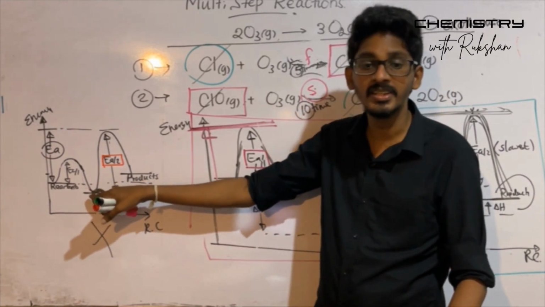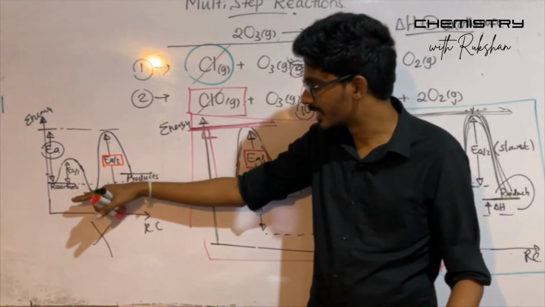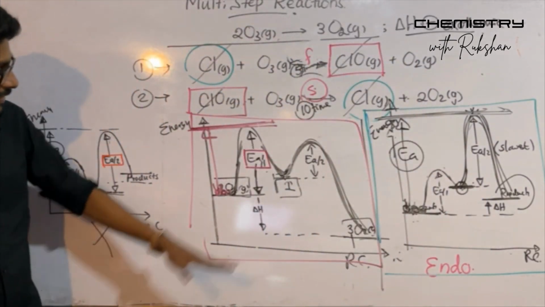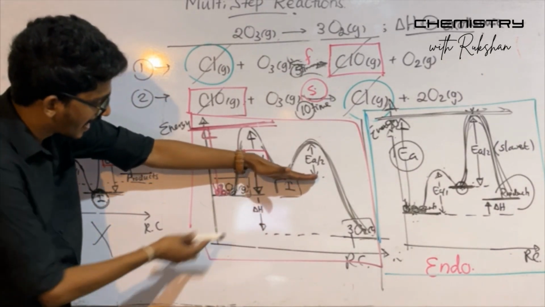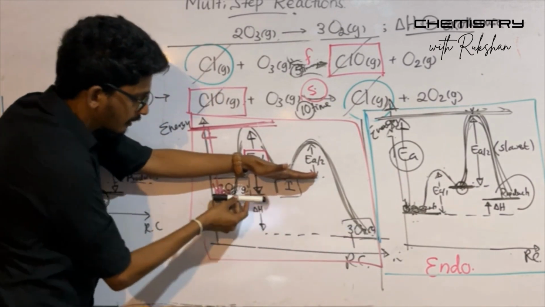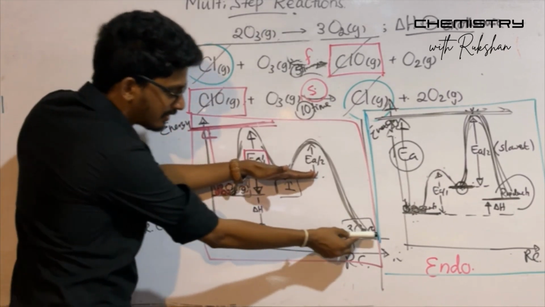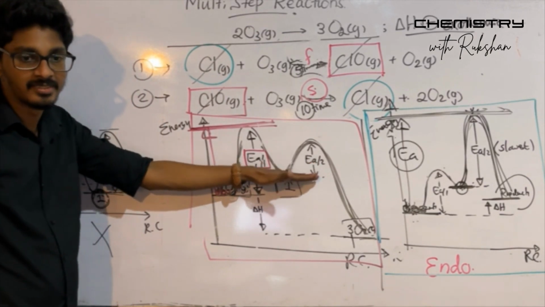Always the intermediate state should have a greater energy value than the reactants and products. You see, this intermediate state has a greater energy value than the reactants and the products. You have the reactants here and the products here, and the intermediates have greater energy than both. So it is unstable.